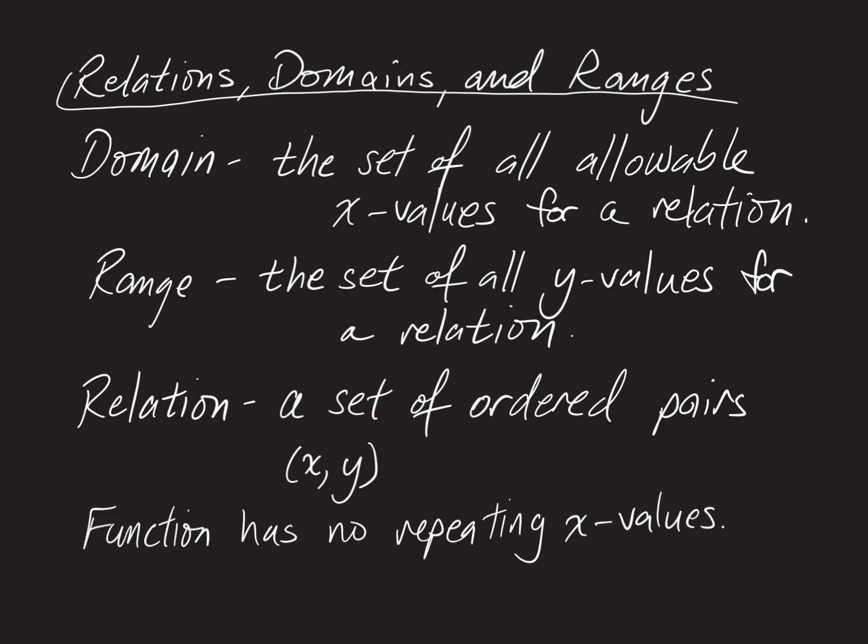Now there are some relations that have a property that makes them functions, and that property is that each x value of the relation is only paired up with exactly one y value. That is a super mathy definition. The non-mathy way that students remember is a function has no repeating x values.